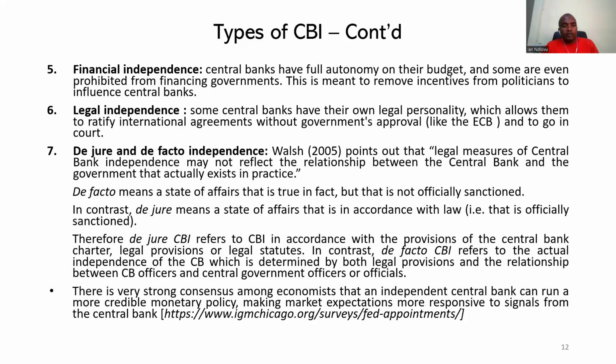Therefore, taking from those definitions of de jure and de facto, de jure central bank independence refers to central bank independence in accordance with the provisions of the central bank charter. That is the law. In some countries, it's called the Central Bank Act or the Reserve Bank of Zimbabwe Act.